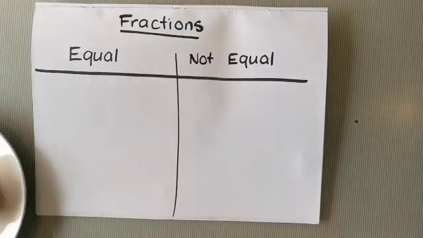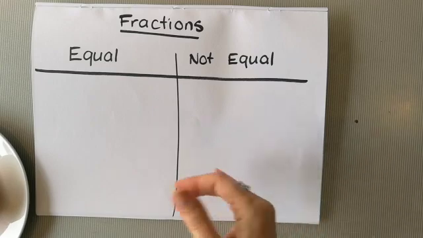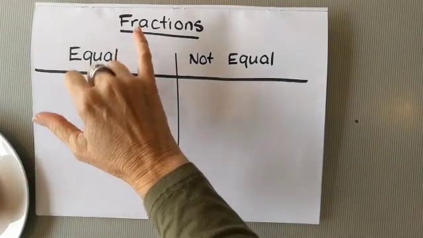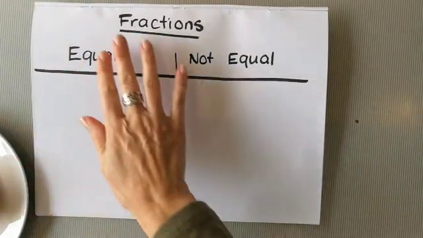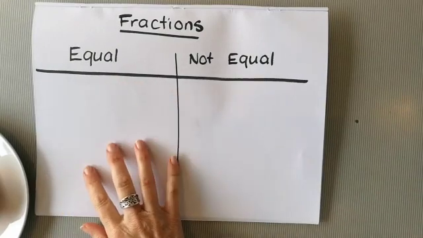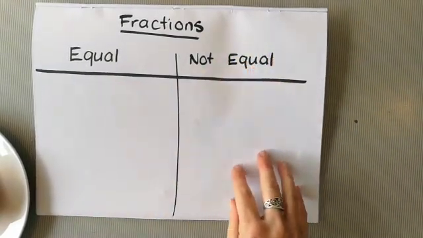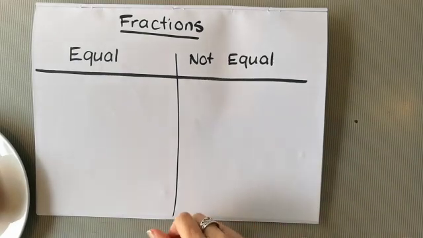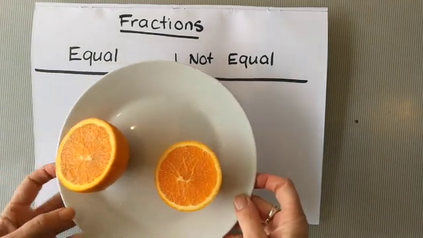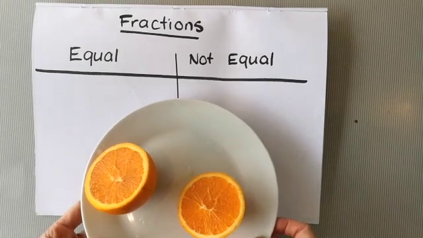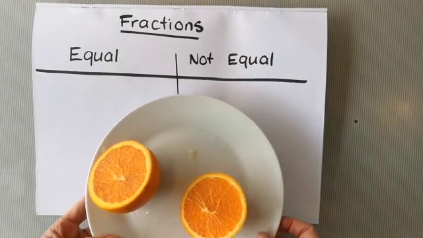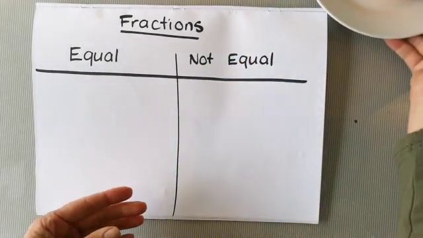Right. So if I had a table like this and I had on this side all the things that were equal, and over here all the things that were not equal, where do you think my orange parts would go? That's right, they would be on the not equal side.